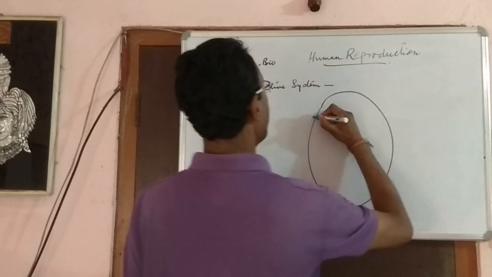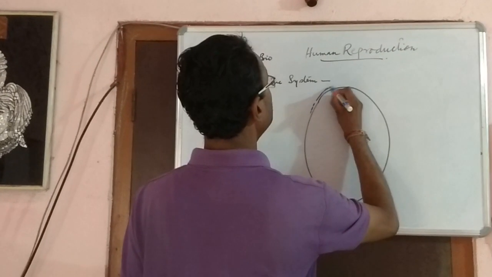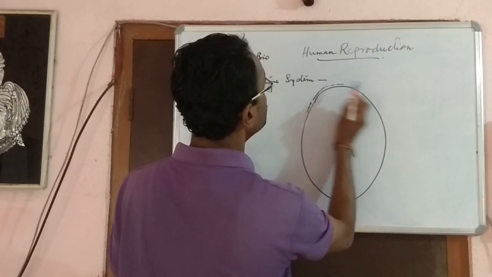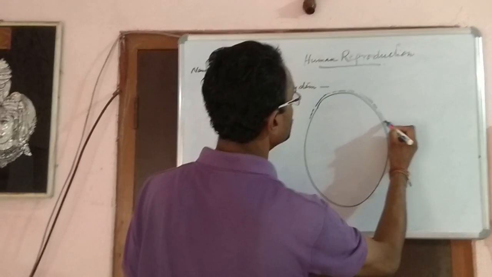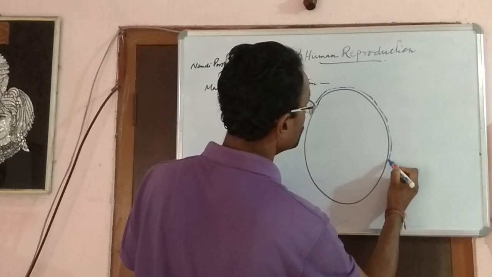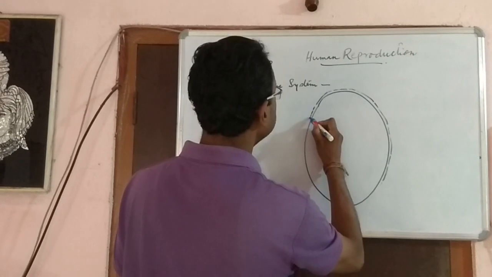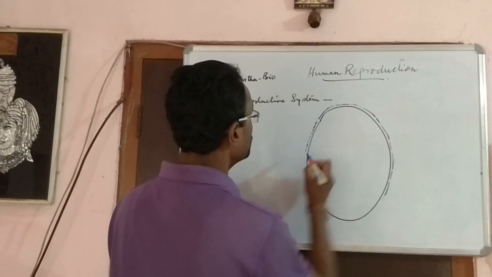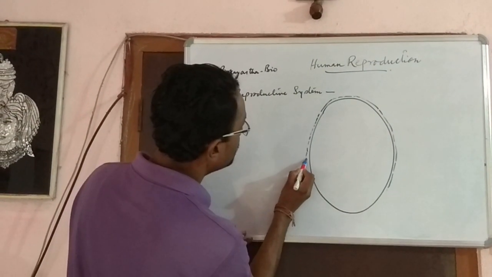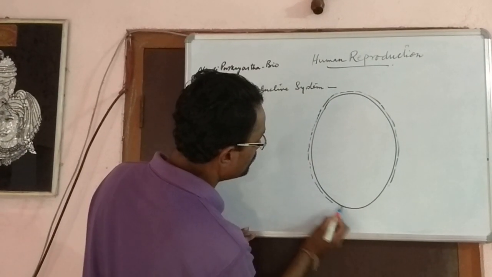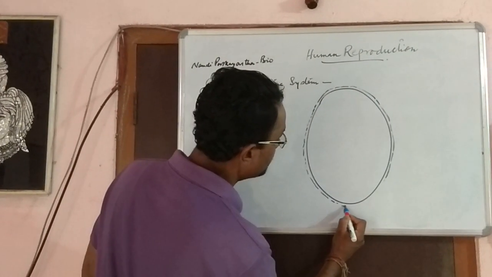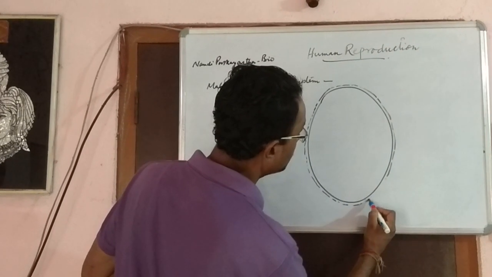Here I am putting this one with blue. These layers together are called tunical layers. Three layers are there. The one which is near the testes is called albuginea.